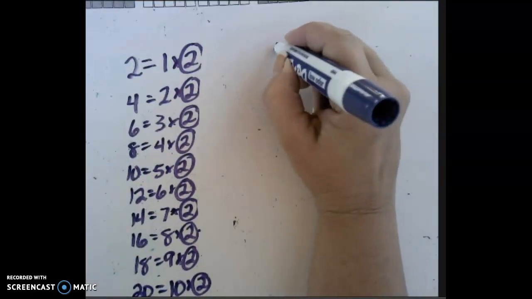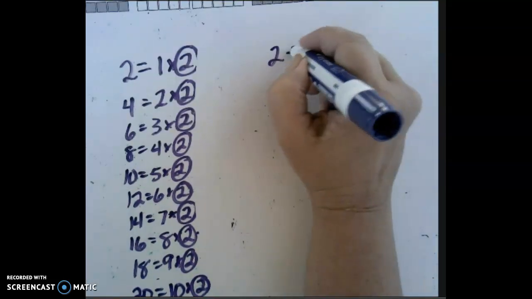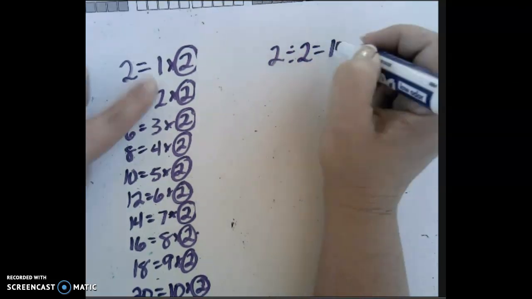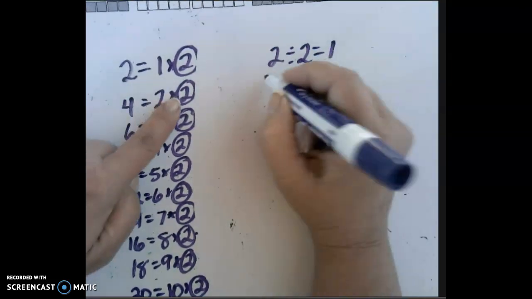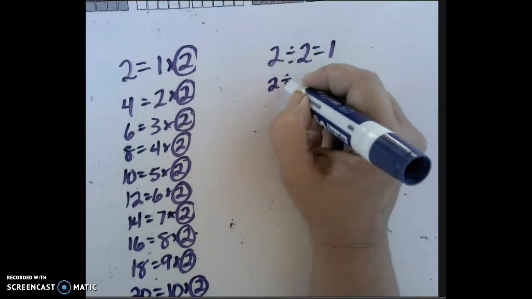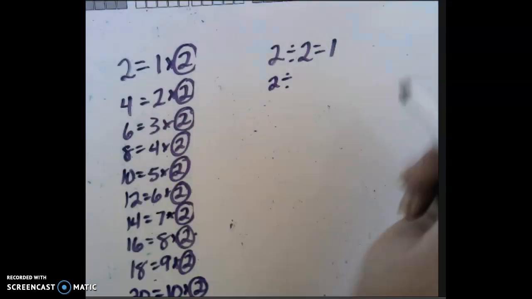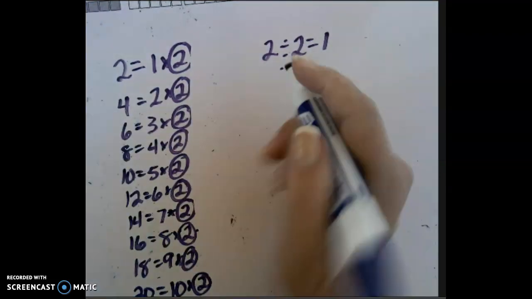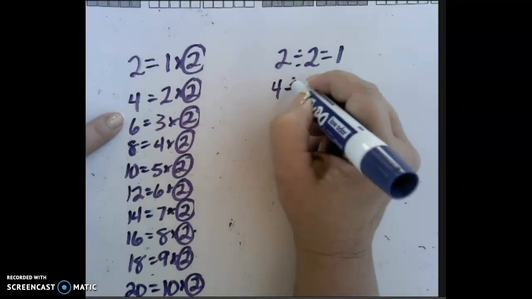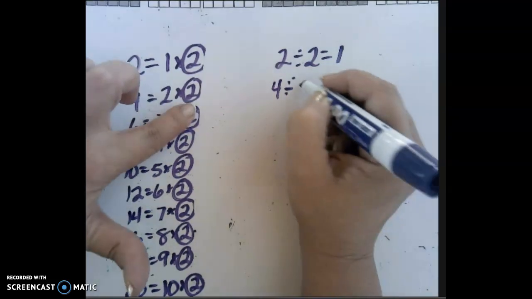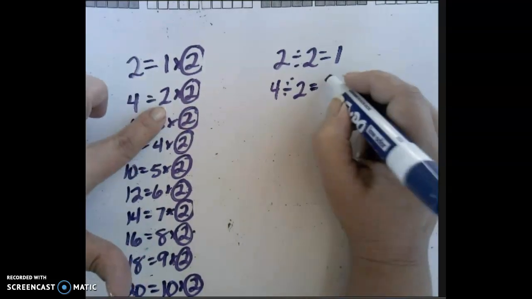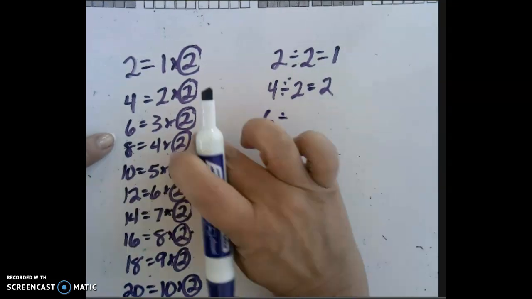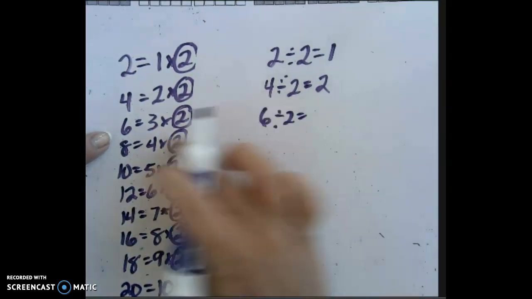I'm going to do the circled number, 2 divided by 2 equals 1, the one right here. And I'm going to do that circled number again. 4 divided by 2, my circled number, equals this time 2. 6 divided by the circled number 2 equals, have you figured it out?